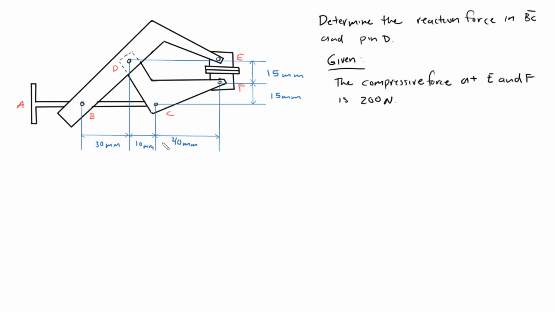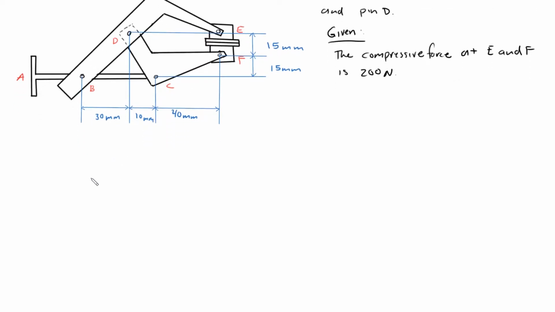So what you can do is draw just this component, and I can show you why this is a three-force member. We have the arm of this mechanism, and we can draw the forces on this diagram.